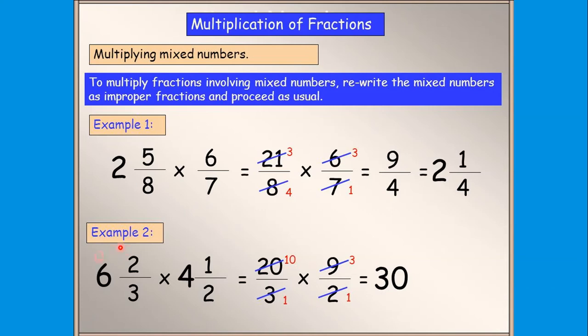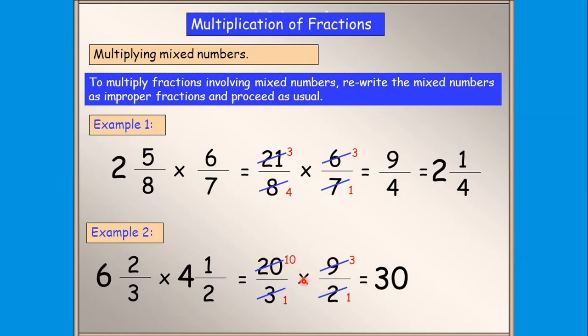Clear? Example 2, when two fractions, mixed numbers, are given, what you will do? Very first, you will convert the given fractions to improper fractions. Then proceed as usual. So 6 threes are 18, 18 plus 2, 20 upon 3. 4 twos are 8, 8 plus 1, 9, 9 by 2.